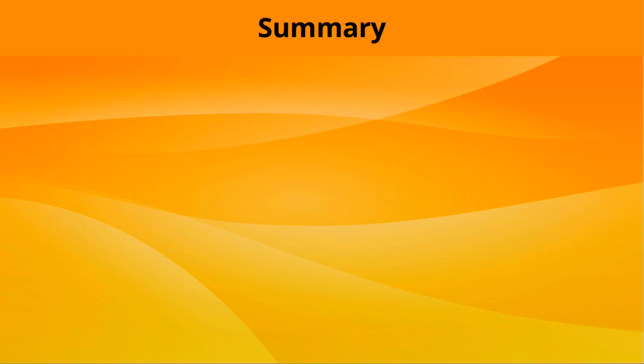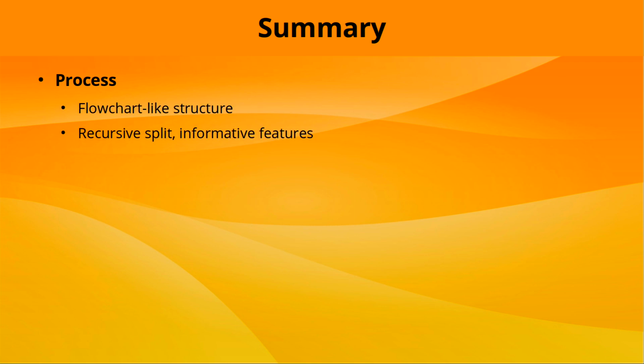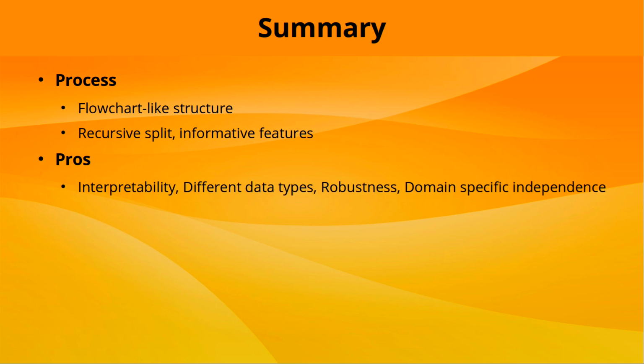In summary, decision trees are valuable tools in machine learning. They consist of a step-by-step process that creates a flowchart-like structure by recursively splitting the dataset based on the most informative features. Decision trees offer interpretability, versatility in handling different data types, robustness to outliers, and low dependency on domain specifics.